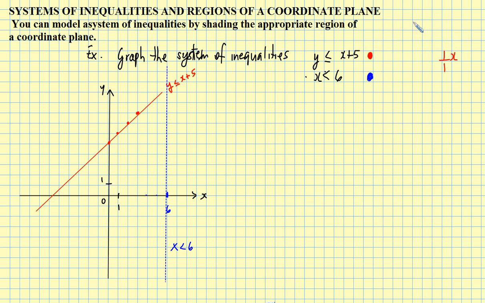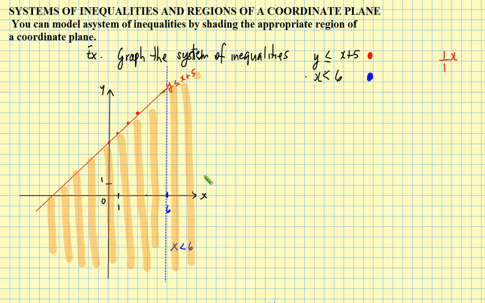Now, because our values have to be less than or equal to x + 5, I'm going to color that in orange. So since that has to be in orange, that is y less than or equal to x + 5. Okay, it's all of this, going on for that matter.